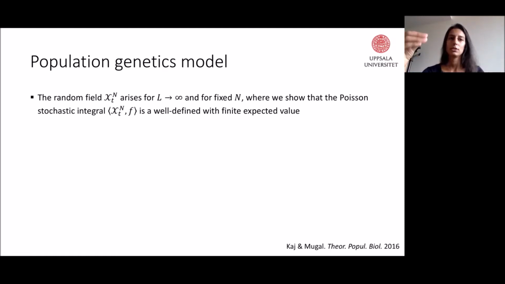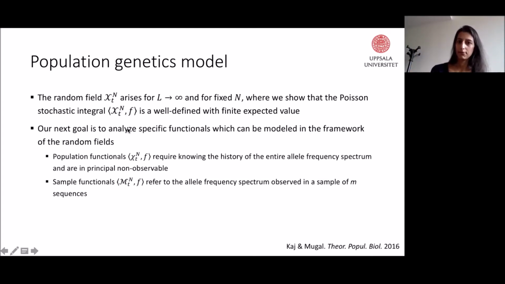What I now want to discuss is how to use this stochastic integral and the fact that we have finite expected values. I want to choose specific functionals f that allow me to get analytical expressions of different molecular measures of natural selection, because that's what we want to investigate.